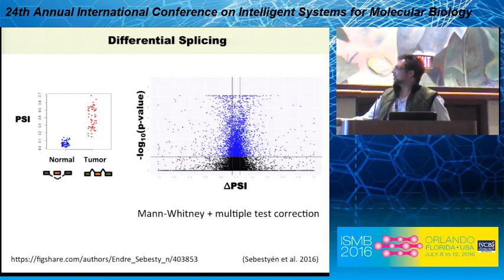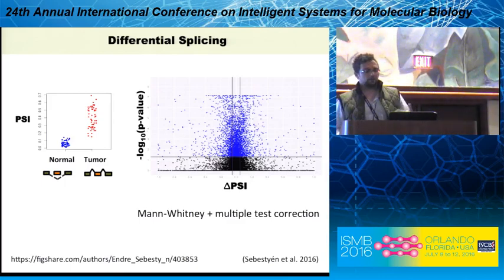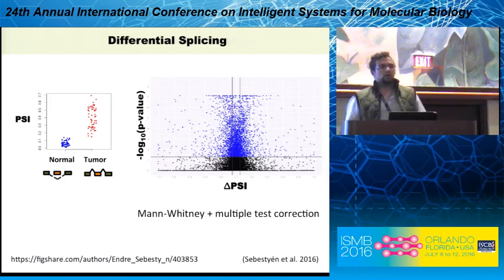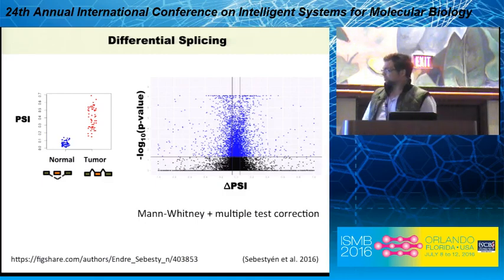But notice that to make the results reasonable, we had to impose an extra cutoff on the delta PSI. And in fact, most of the methods force you to impose a cutoff, either a delta PSI cutoff or a fold change, like DEXSeq or CuffDiff.